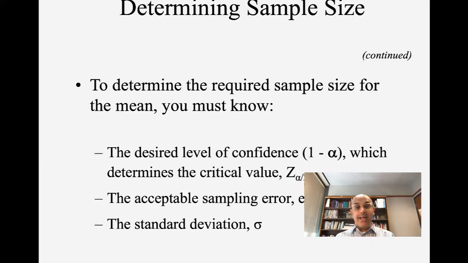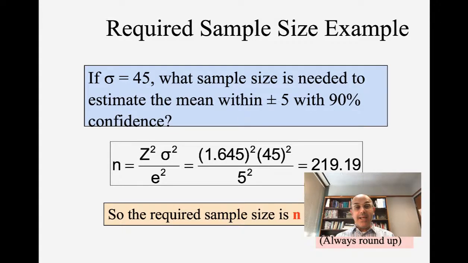We must know the level of confidence we need, which determines the critical value, as we talked about previously, the accepted sampling error, which is the E, and the standard deviation. Those are the components that we need to determine and to have on the paper in order for us to make sure that we are correct and we are transparent in our result.